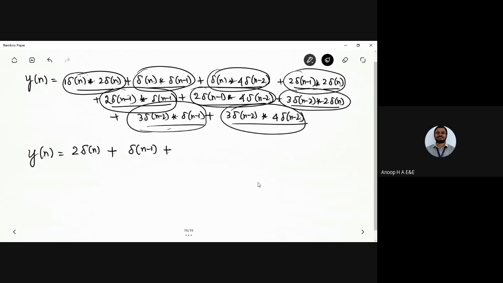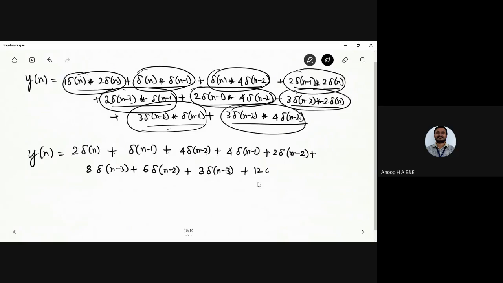You can retain it as delta of n minus 1 plus 4 times delta of n minus 2 plus 4 times delta of n minus 1 plus 2 into 1, that is 2 times delta of n minus 2, plus 8 times delta of n minus 3 plus 3 times 6 times delta of n minus 2 plus 3 into 1, that is 3 times delta of n minus 3, plus 3 into 4, 12 delta of n minus 4.